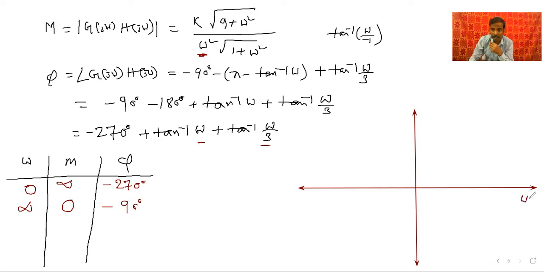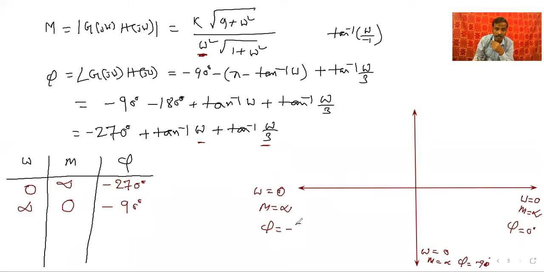In this axis, omega equals 0, M equals infinity, phi equals 0 degree; phi equals minus 90 degree; phi equals minus 180 degree; and phi equals minus 270 degree.